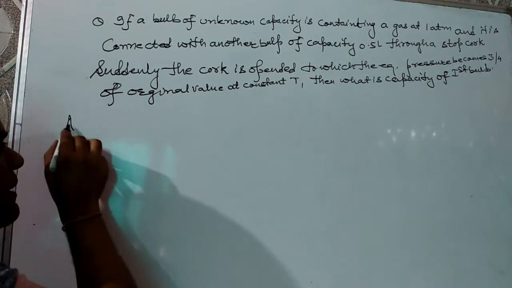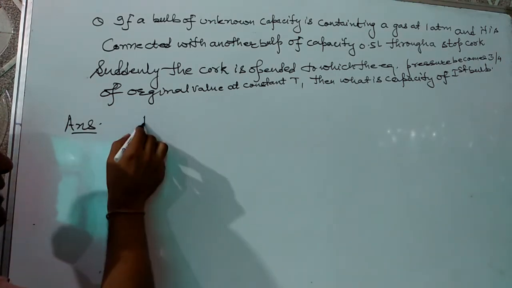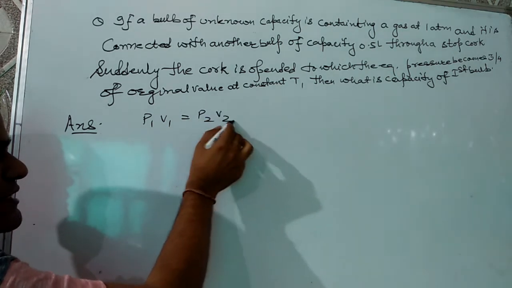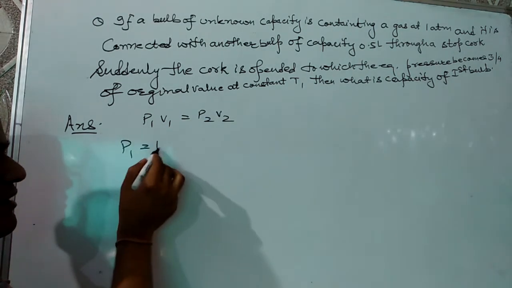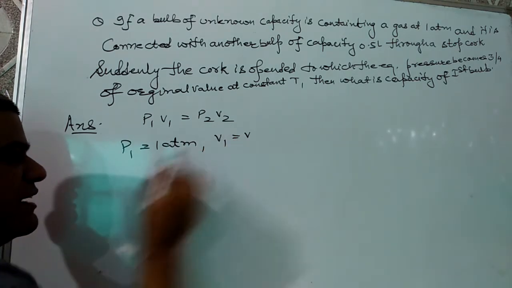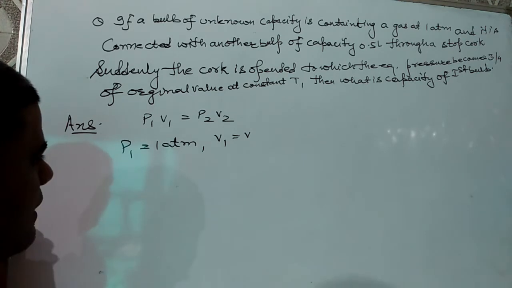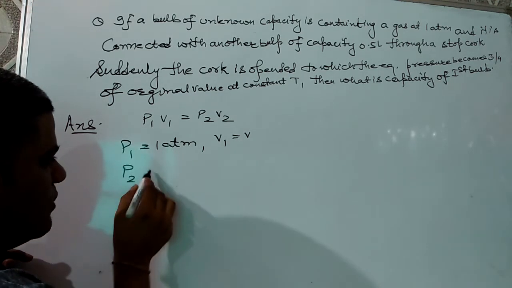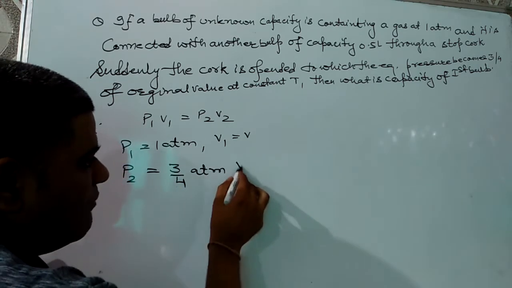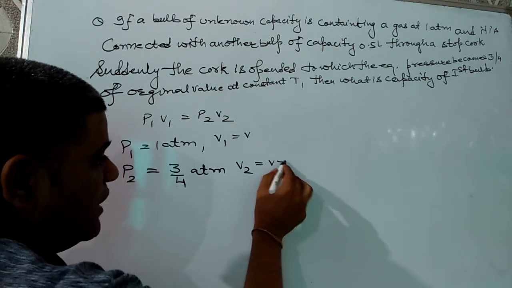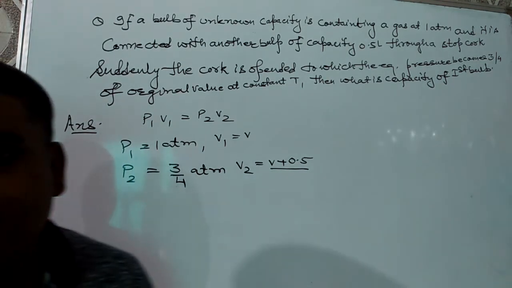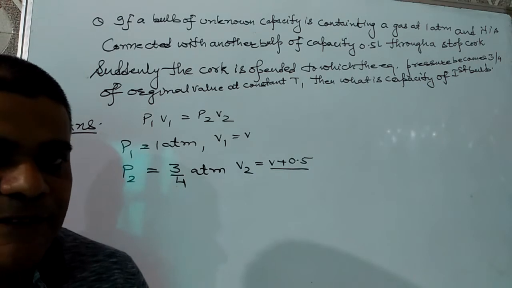Here we can apply the equation P1 V1 is equal to P2 V2. Initial pressure is 1 atmosphere as mentioned. Initial volume, let's suppose that is V liter, we don't know. The final pressure is 3/4 atmosphere, and final volume will be equal to V plus 0.5 liter, because the total volume becomes the sum of these two volumes.